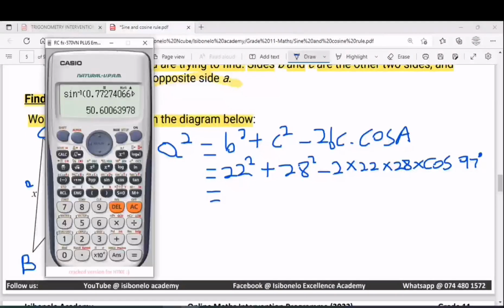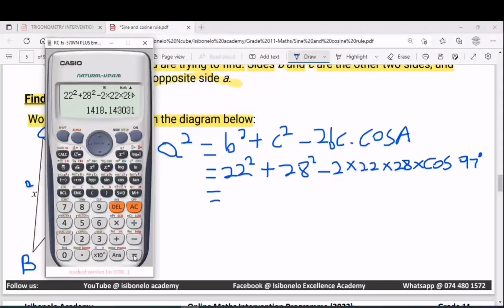So nami ngizoshaya eyami la 22 squared plus 28 squared minus 2 times 22 times 28 times cos 97.